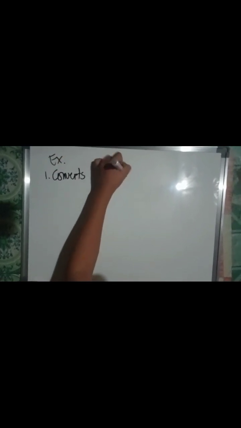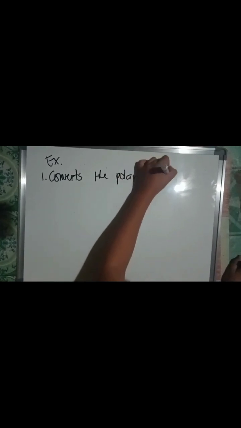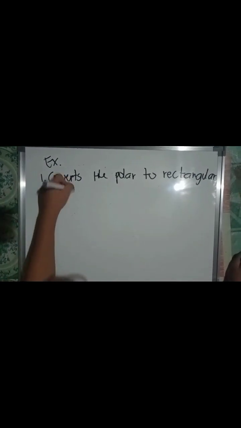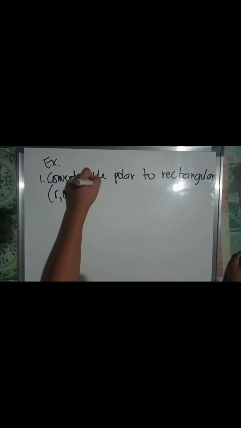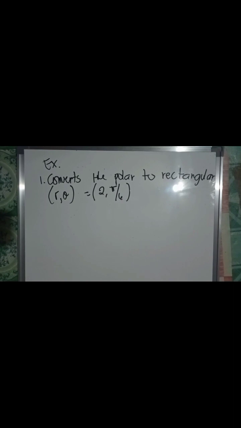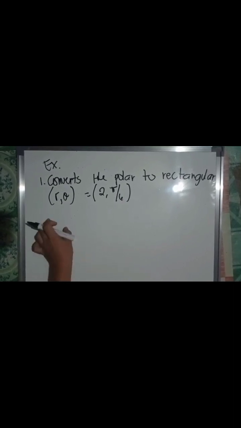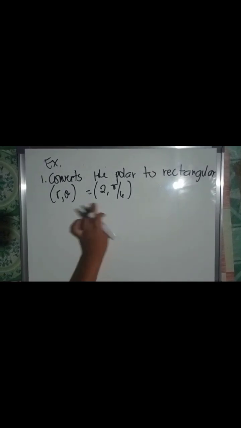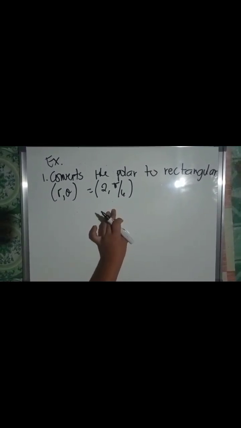First, let's have an example on converting polar to rectangular coordinates. In this example, we need to convert polar to rectangular coordinates, and we have here the given r equal to 2 and theta equal to pi over 6.